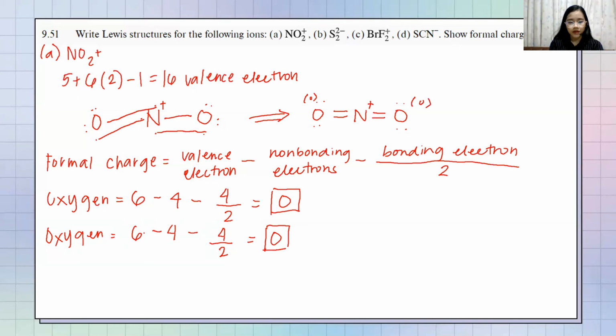So, for nitrogen, nitrogen has a total of 5 valence electrons.